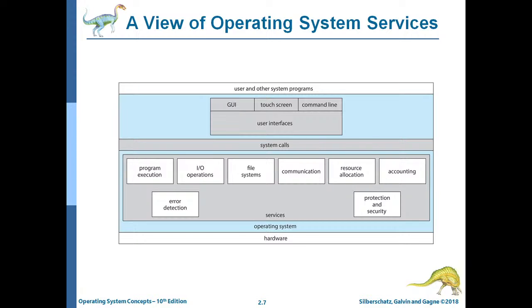If you are capable of remembering, you can draw this diagram, because it speaks of the entire computer system. You can see the user and other application programs, and the user interaction, which is possible in four ways: GUI, touch screen, command line interface, and batch interaction also can be included here.